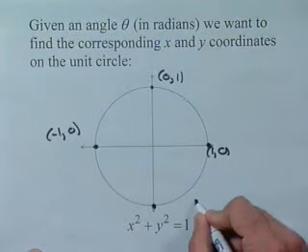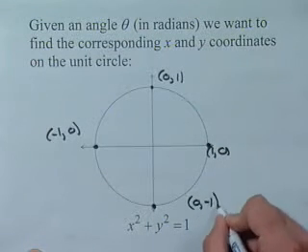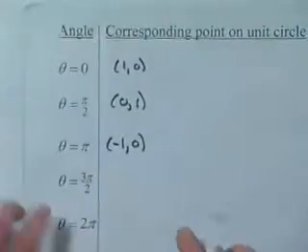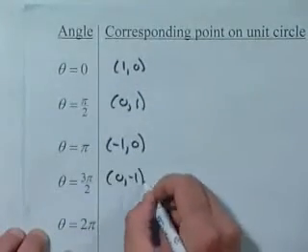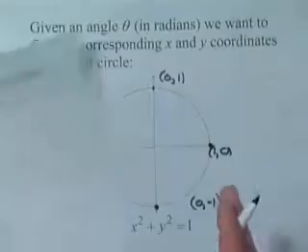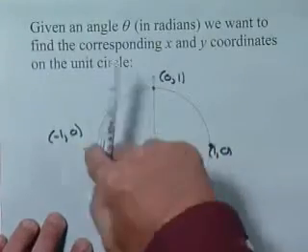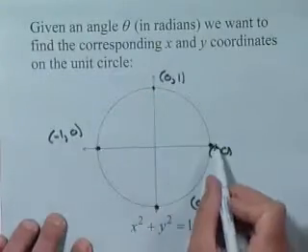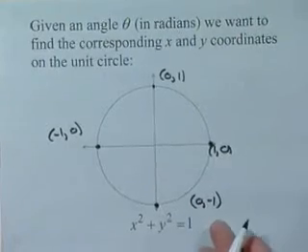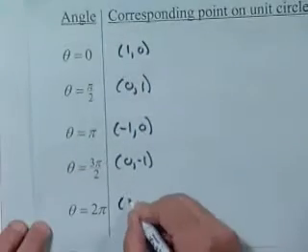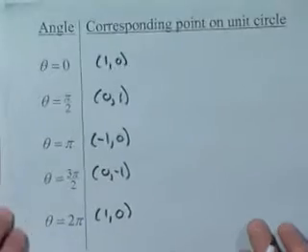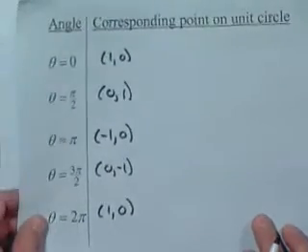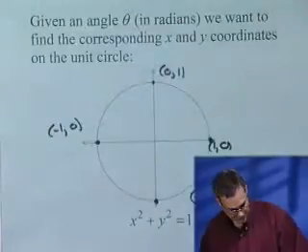And that's the point 0, -1. And then 2 pi, of course, we're all the way back to where we started from, right here, 1, 0. Okay, so not too difficult so far. All right, let's continue.